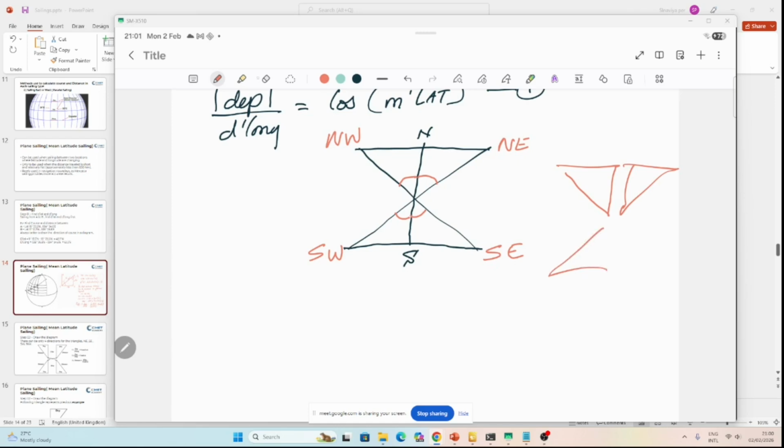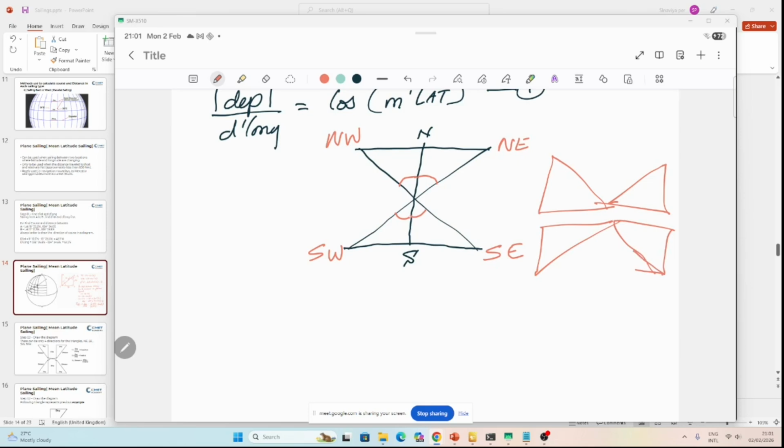Sorry, the opposite. I have seen some guys drawing the triangles like this. This is wrong. This triangle is wrong.